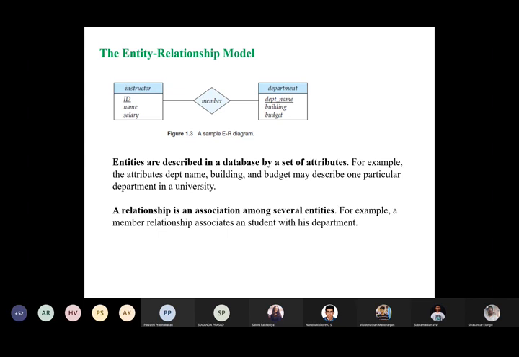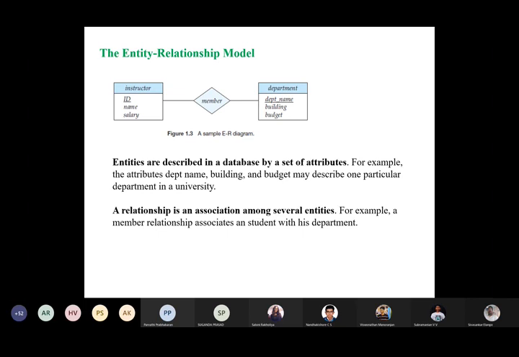The instructor entity is described by the attributes ID, name, and salary. Similarly, the department entity set is described by a set of attributes: department name, building, and budget. The attribute department name is underlined, which means it's going to be the primary attribute or primary key in that particular relation.